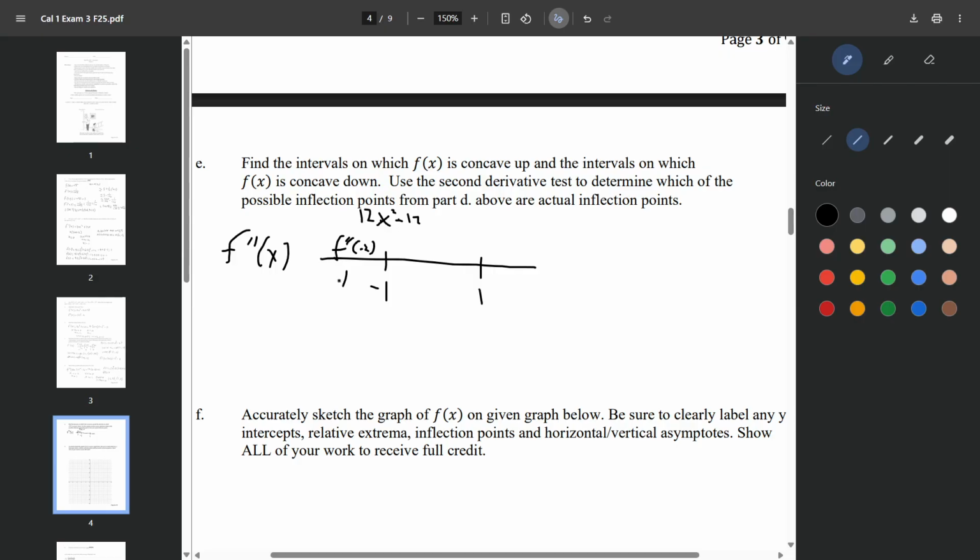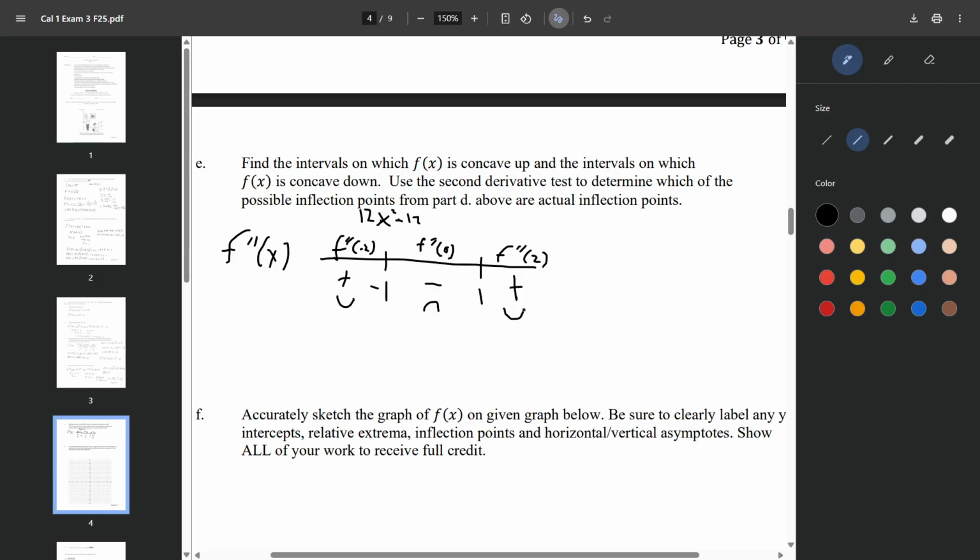So in this case, it will be positive. When we have f double prime of 0, we will have 0 minus 12, so it will be negative. And when we have f double prime of 2, we'll also have 24 minus 12, so it will be positive. So we'll have concave up here, concave down here, and finally concave up here.